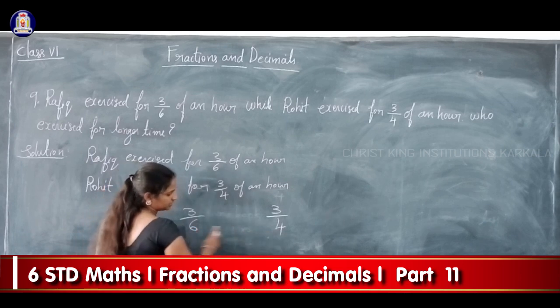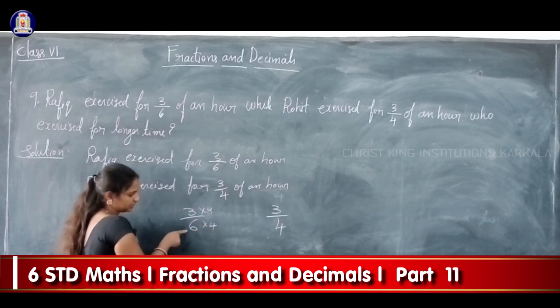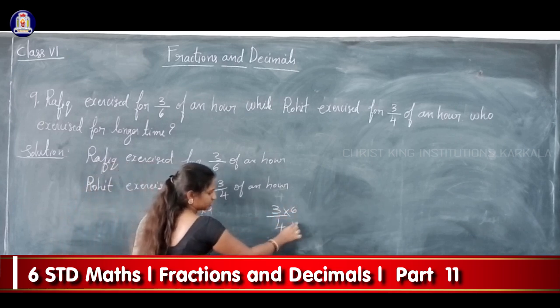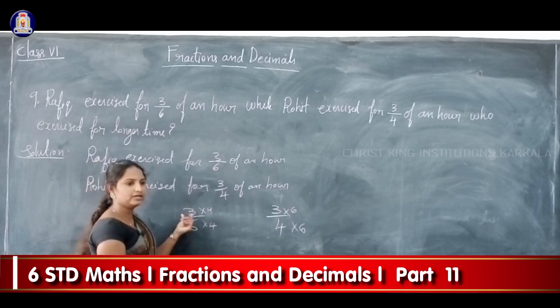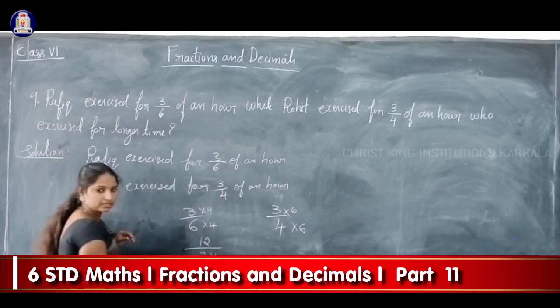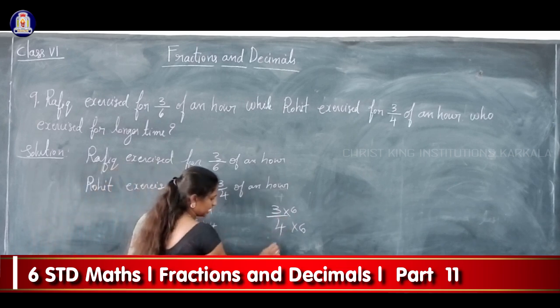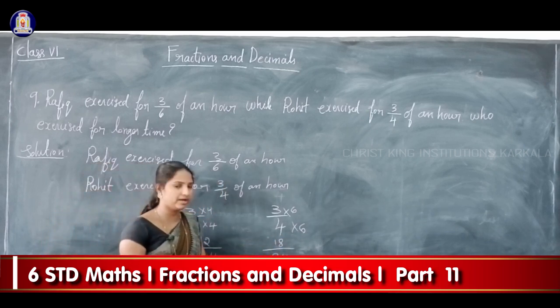Multiply 4 to both numerator and denominator of one, and 6 to the other. 3 fours are 12 and 6 fours are 24. Is it correct? Yes. Now 3 sixes are 18 and 4 sixes are 24. So here is 12 by 24 and here is 18 by 24.